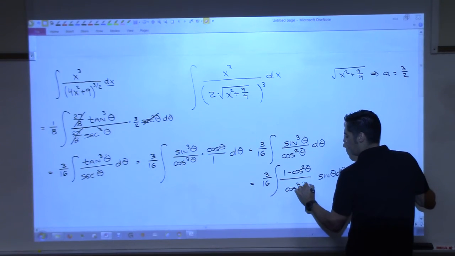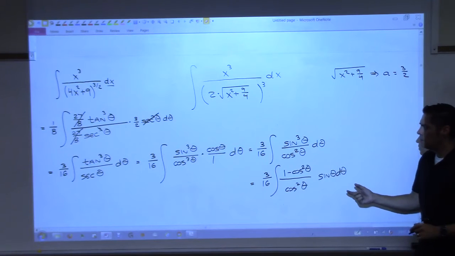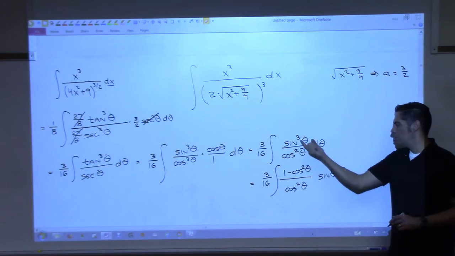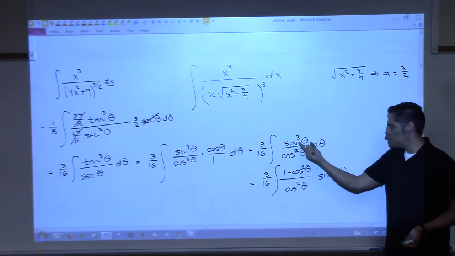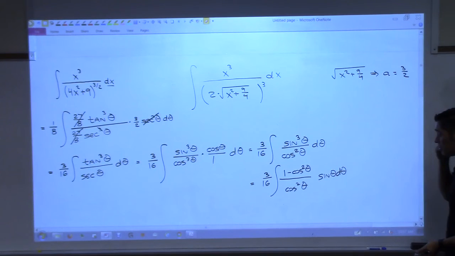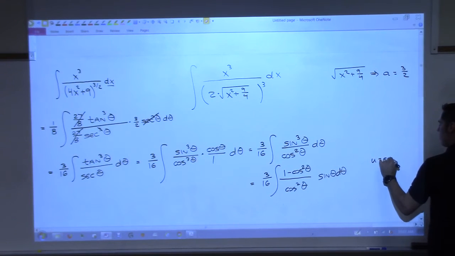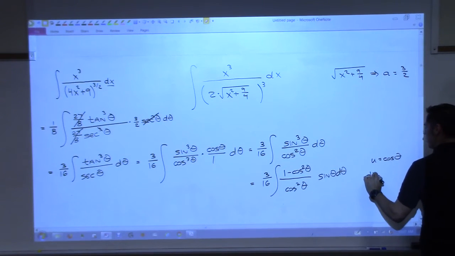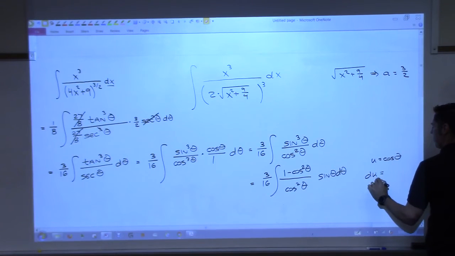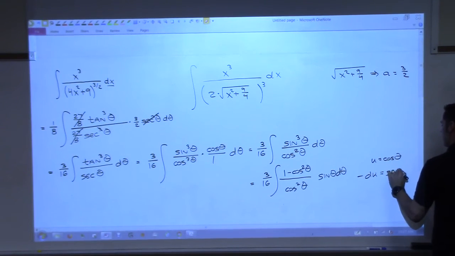Cosine squared. Y'all know what I did there? Pulled one sine out, left a sine squared. I rewrote sine squared as 1 minus cosine squared. Okay, now what? You want to do u as cosine? du is negative sine, but I'll just go ahead and make that negative du.